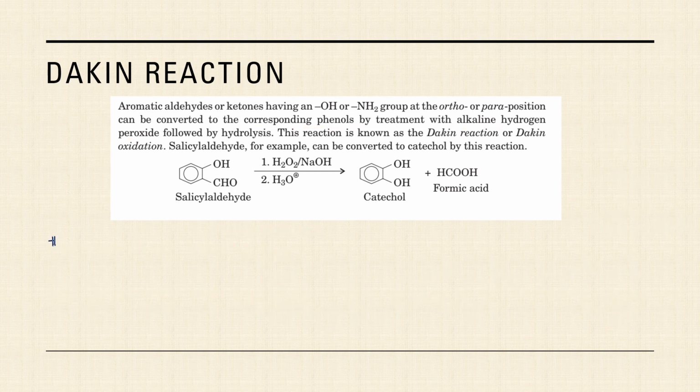So what are the features of this? First feature is that if there is a OH or NH2 at the ortho position or para position, OH or NH2 facilitate the 1,2 migration, so enhance the rate of reaction.